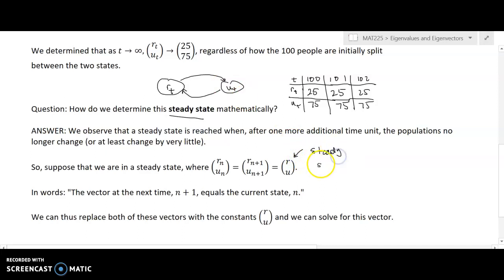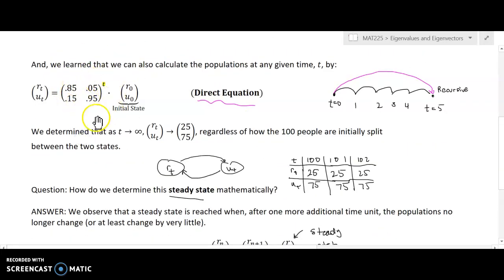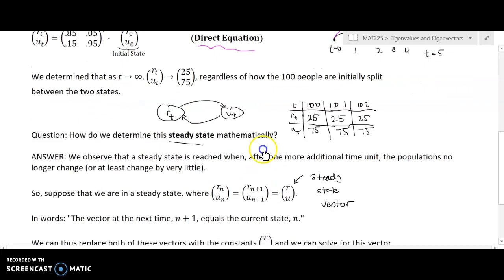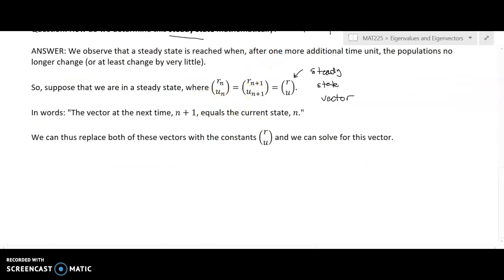We don't know what's in it yet. Well, I mean, we figured out that that's going to be 2575, but how would we figure that out without just having to raise our A matrix to large enough powers? So the way we could do that is we start off with our equations and say, okay, so if Rn plus 1, Un plus 1, to get those states, we have to take our A matrix.